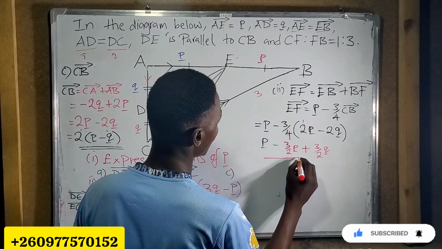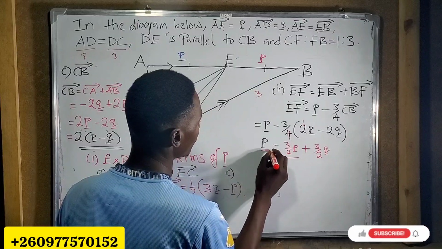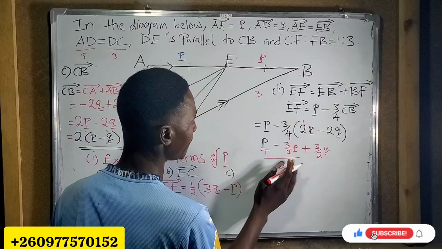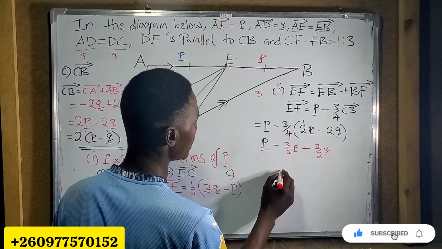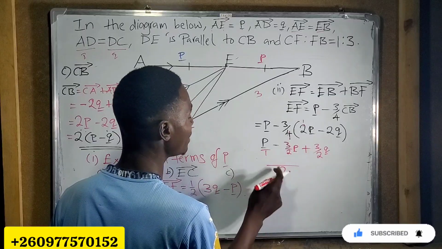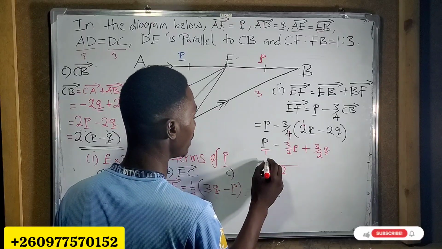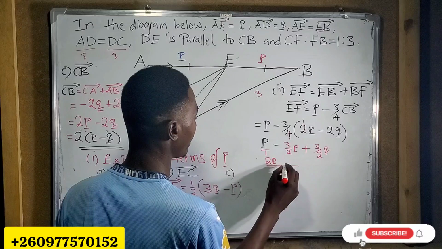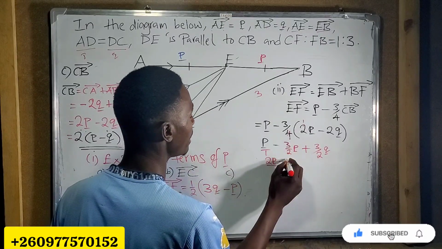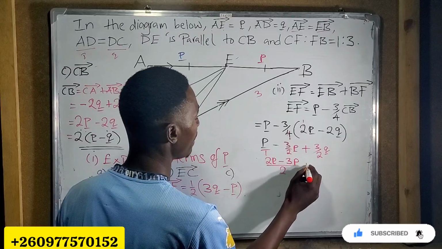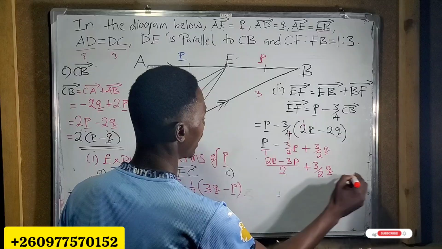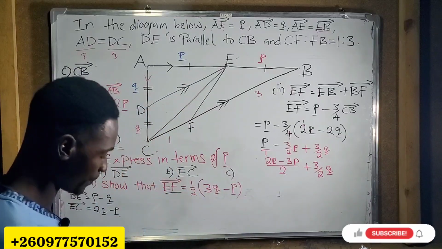So over 1, the common factor here is 2. 1 into 2, not 2 into 1, sorry. 1 into 2 is 2. 2 times P, it is 2 vector P minus 2 into 2, 1, 1 times 3, 3 vector P plus 3 over 2 vector Q. There.